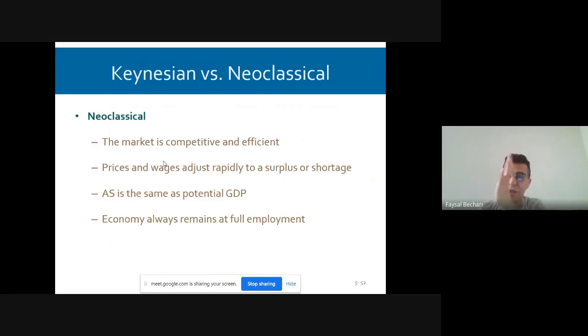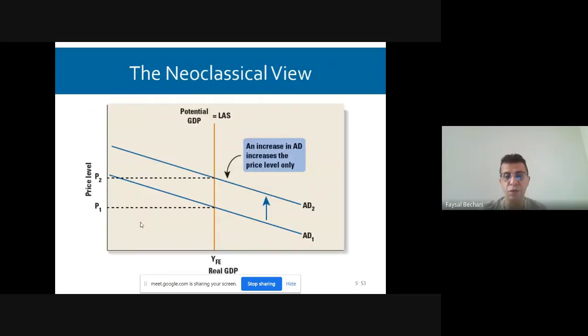An increase in aggregate supply is the same as an increase in potential GDP, because they look at supply, and the economy is always at full employment. So here you see the real GDP, and an increase in aggregate demand only increases the price level, because the real GDP stays and doesn't change.